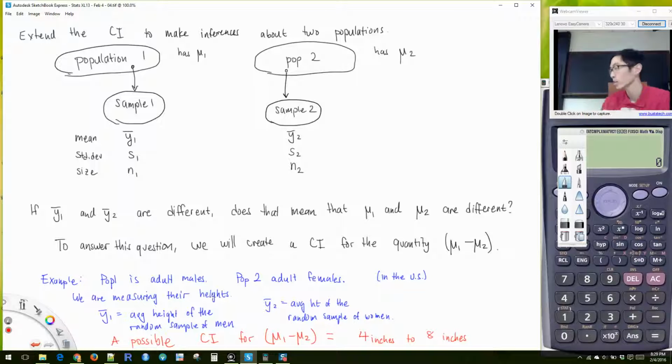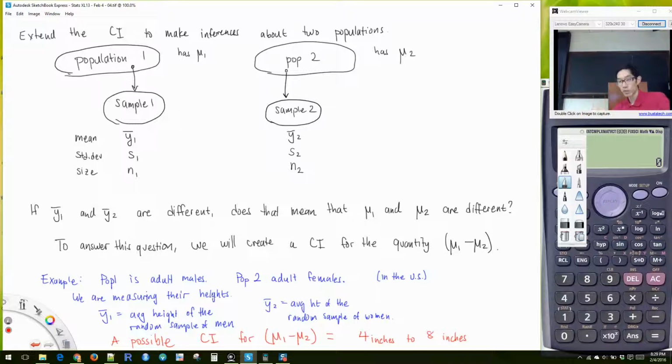So 0 is within the range of plausible values, and we would then conclude our data does not provide evidence that there's necessarily a difference between average IQs.